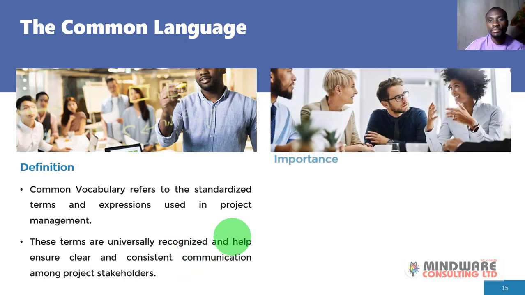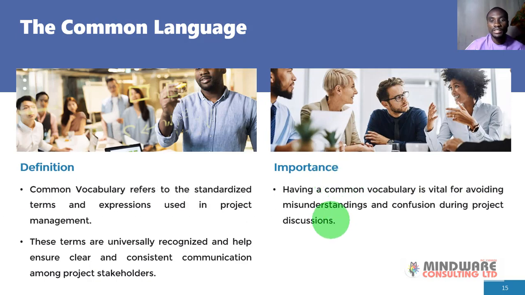So moving on, what is the importance of having a common vocabulary, a common language among project stakeholders? Firstly, having a common vocabulary is vital for avoiding misunderstandings and confusion during project discussions.